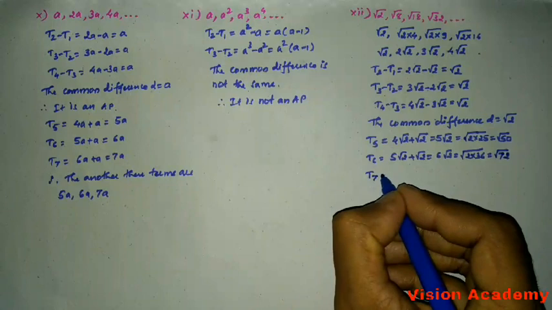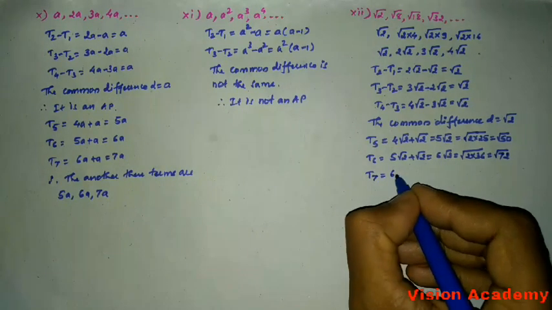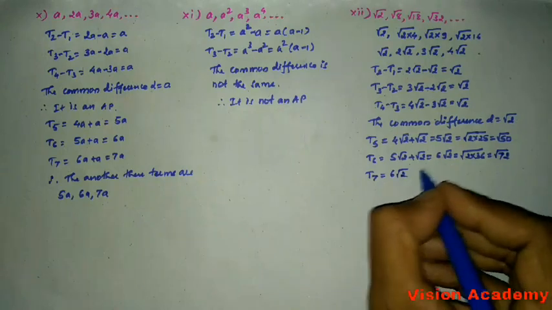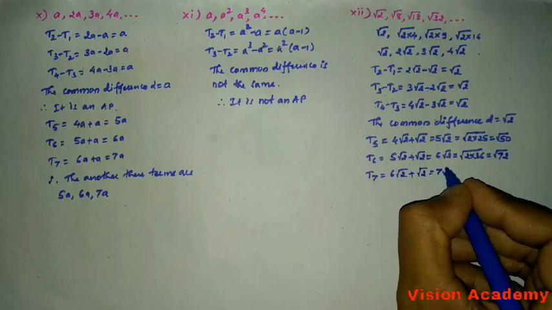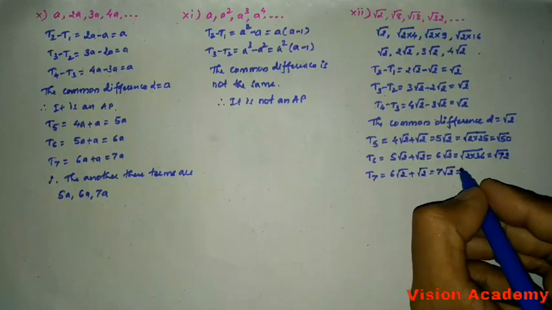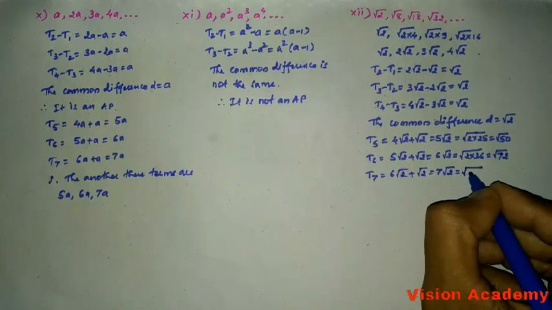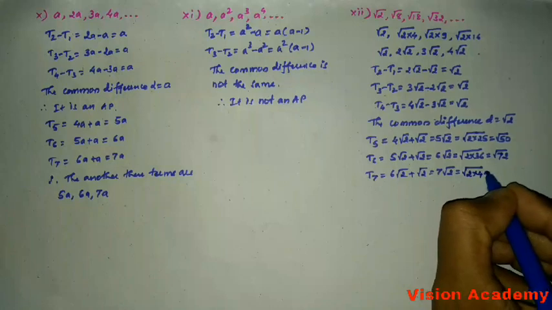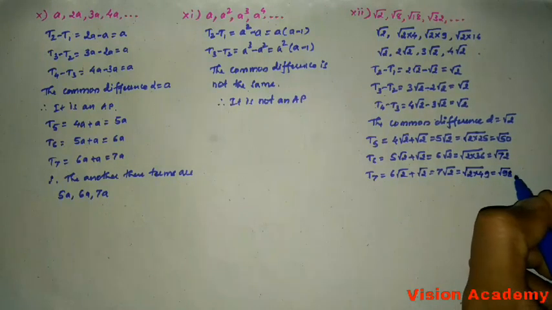Next, T7 is equal to 6 square root of 2 plus square root of 2, which is equal to 7 square root of 2, and when I bring this 7 inside the square root, it will become 49. 7 sevens are 49. So square root of 2 into 49 is equal to square root of 98.